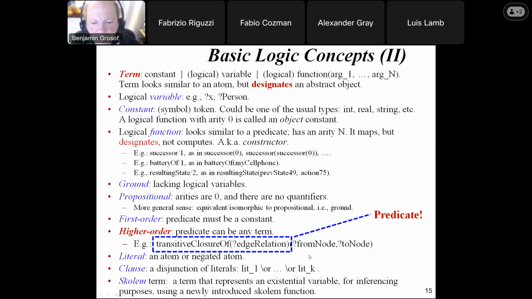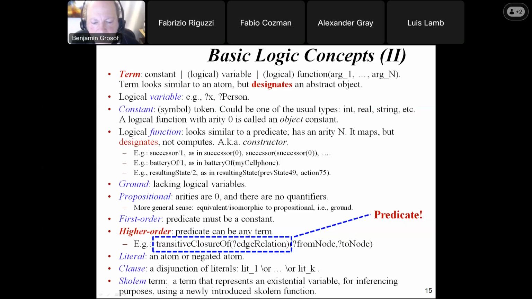So for example, we can think about the following expression, which has two arguments, a from node and a to node, where the predicate is defined as a logical function, transitive closure of, applied to a logical variable, which is an edge relation, such as child of, or perhaps likes, or is socially acquainted with.